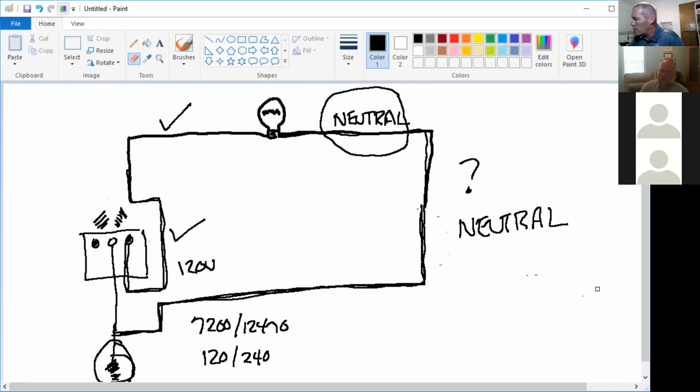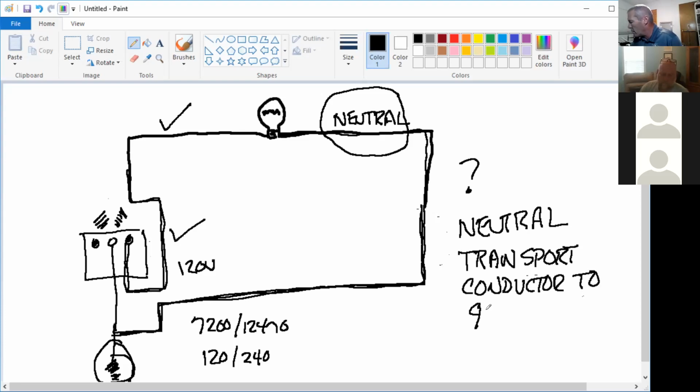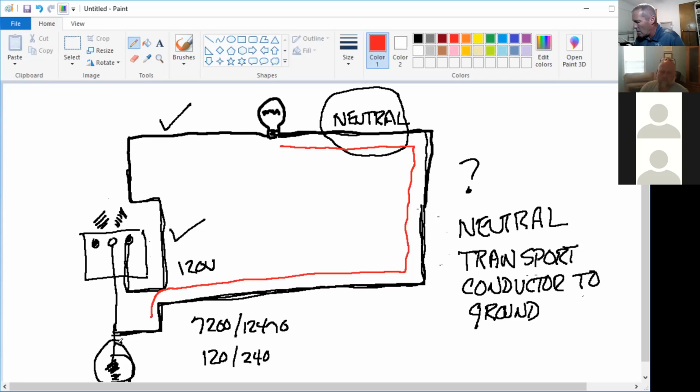The neutral is the transport conductor to ground. That is the conductor through this area right here that I'm able to get back to an earth ground.